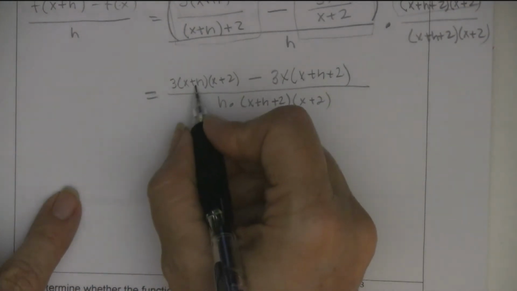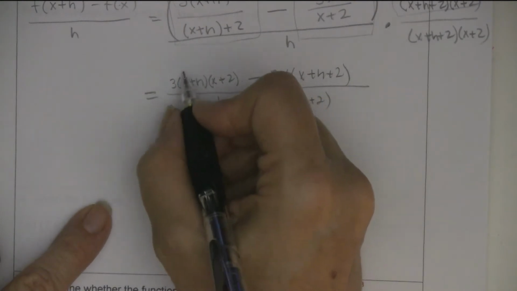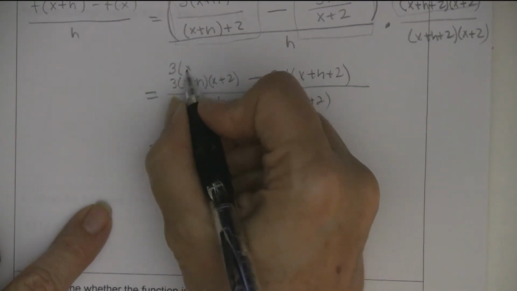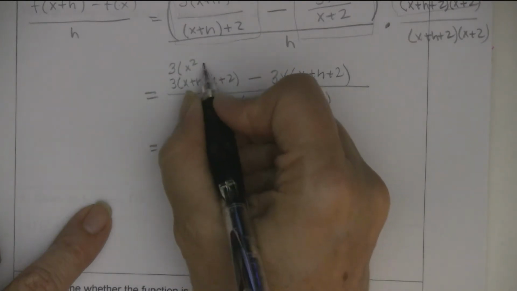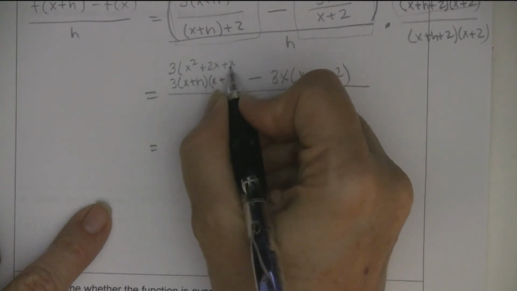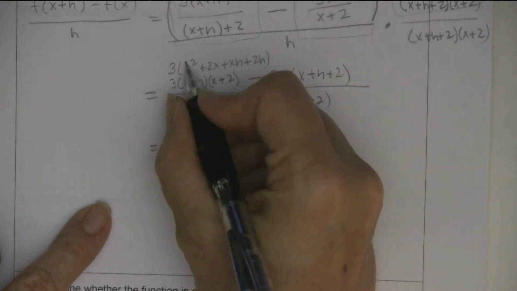In the numerator here, when I multiply that together, I'm gonna say this is 3 times, and then when I multiply x times x is x squared, and 2x, and xh, and plus 2h, right? And then I'll distribute the 3.